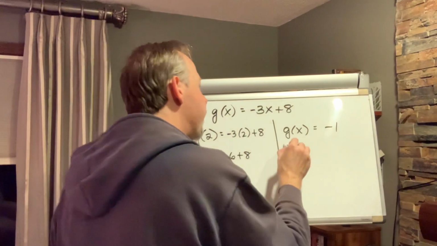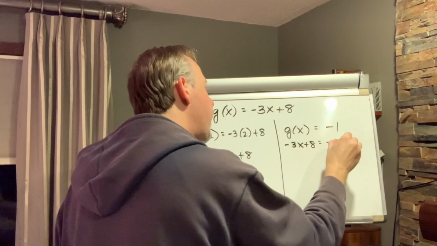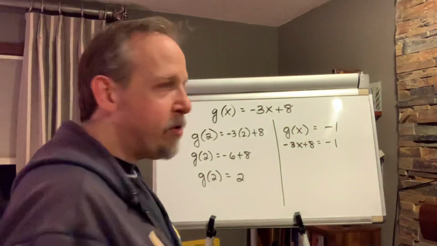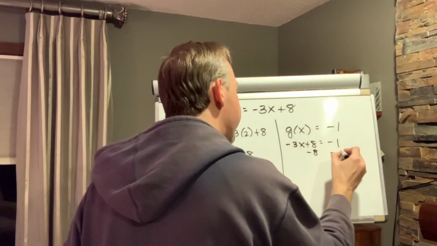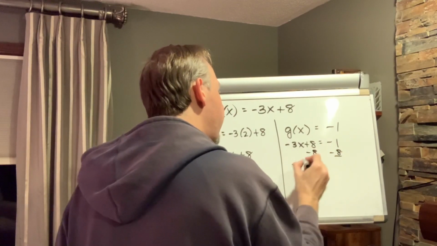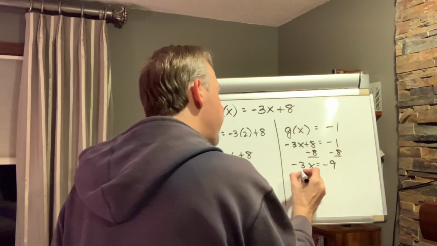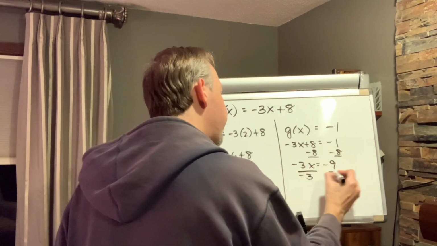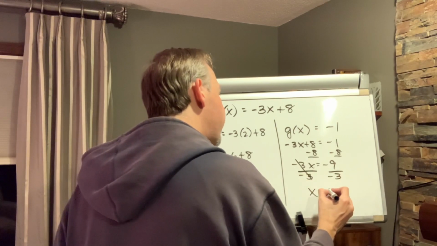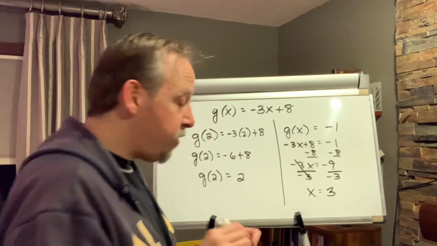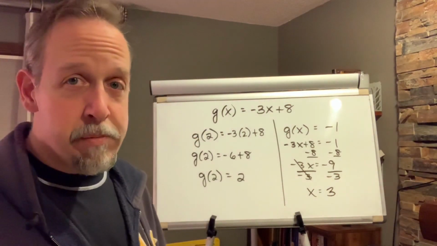So I'm going to write down the function negative 3x plus 8 equals negative 1. And now it's just an equation to solve. So I'm going to subtract 8 from both sides. And I get negative 3x equals negative 9. I'm going to divide both sides by negative 3 to get x by itself. X equals 3. So an input of 3 will get me an output of negative 1.